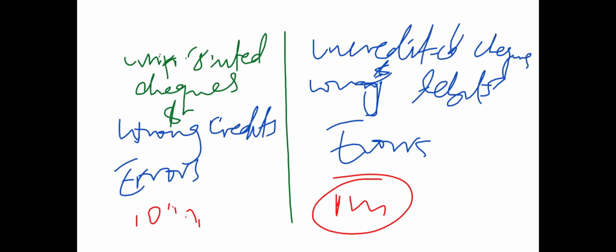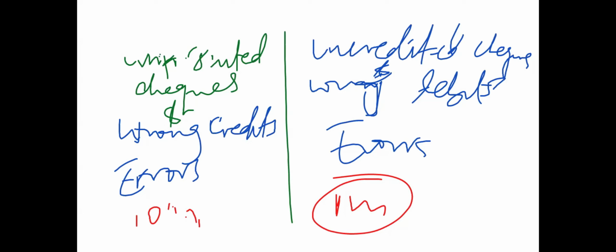Because for unpresented checks, we thought they had already withdrawn money, yet they haven't. But the balance on our account will be higher than we expected to have.